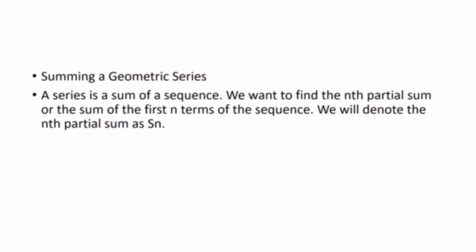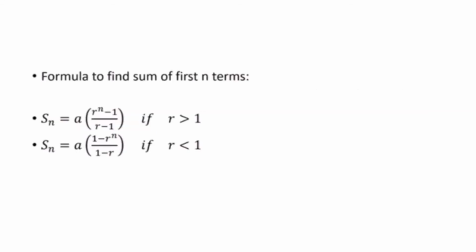Finally, summing a geometric series. A series is a sum of a sequence. We want to find the nth partial sum, or the sum of the first n terms of the sequence. We will denote the nth partial sum as Sn. The formula to find the sum of the first n terms depends on our R value.